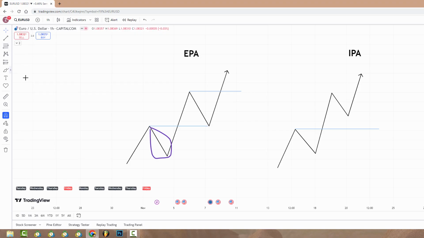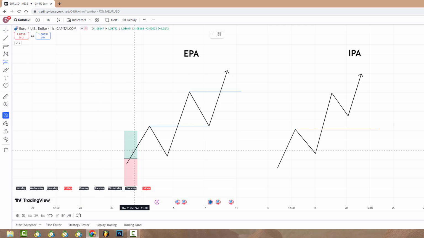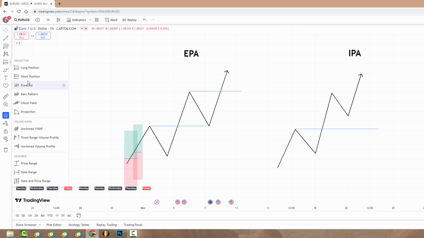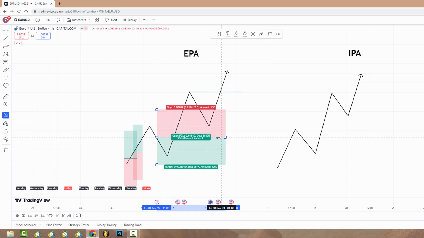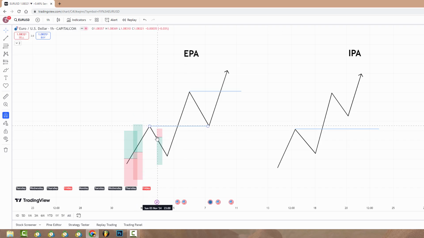The other logical explanation is if you use institutional blocks, you know that institutions are buying here, putting a bunch of buying orders here, and putting a bunch of sell orders in this movement.